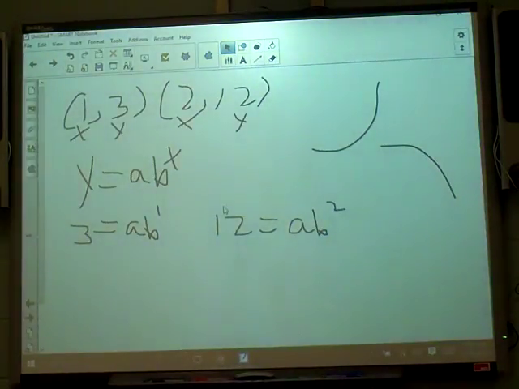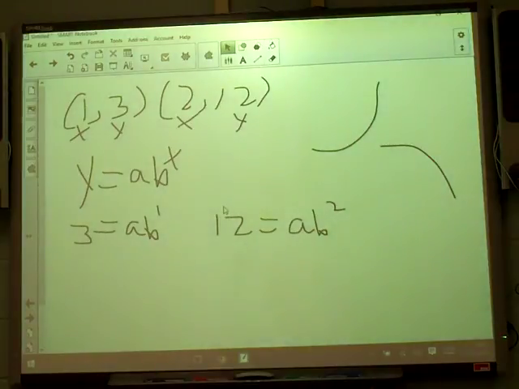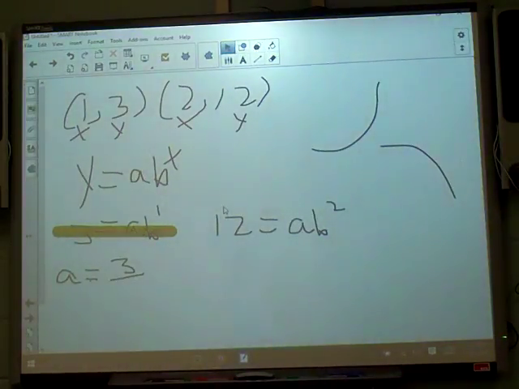After we do that, these are the steps you'll follow. We're going to take our first equation and solve it for a. So in this equation right there, what would I do to get the a all by itself? So a would equal 3 divided by b.